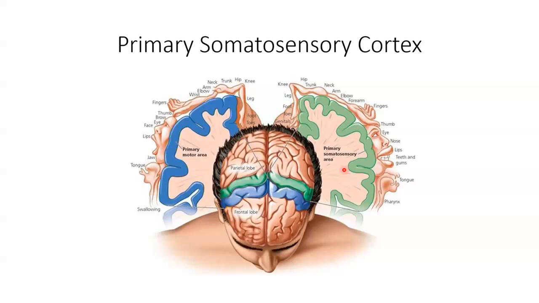So again, if we use our fingers as an example, the fingertips are really sensitive and they contain a high number of sensory receptors in a small space. So that's why they represent quite a large portion of this map.